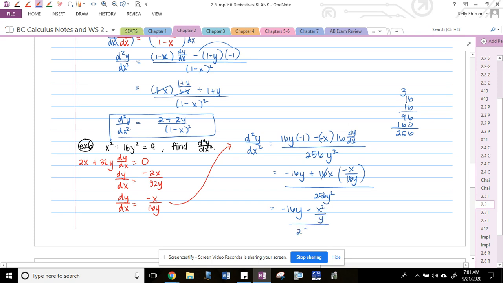Now we don't want to leave our answer as a complex fraction, so a quick fix for that is to multiply by y over y. So final answer for the second derivative is negative 16y squared minus x squared over 256 y to the third.